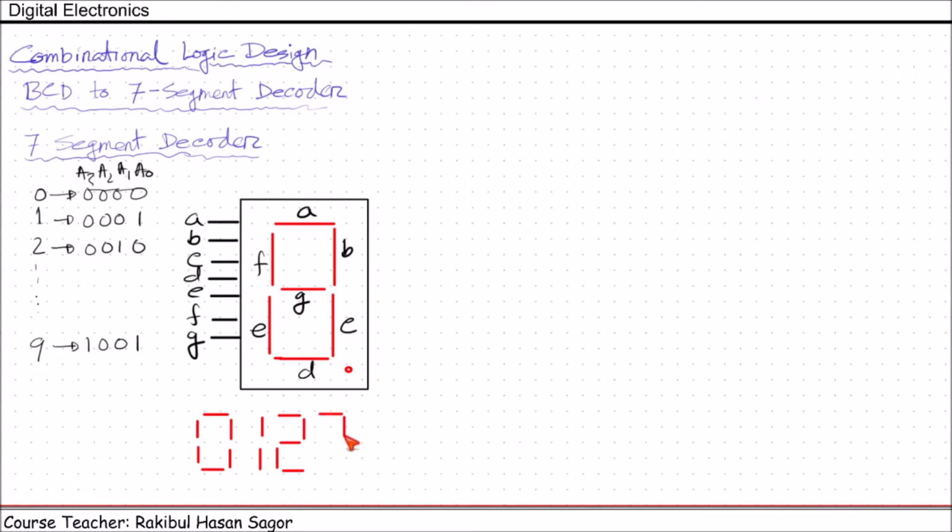Similarly, 3 can be represented in this fashion, if you switch on A, B, C, D, G. 4 can be represented by these lights. 5 can be represented by these lights. 6 can be represented by switching on these lights. 7 can be represented by switching on these lights. 8 can be represented by switching on all the lights. And finally, 9 can be represented by switching on all the lights except E.